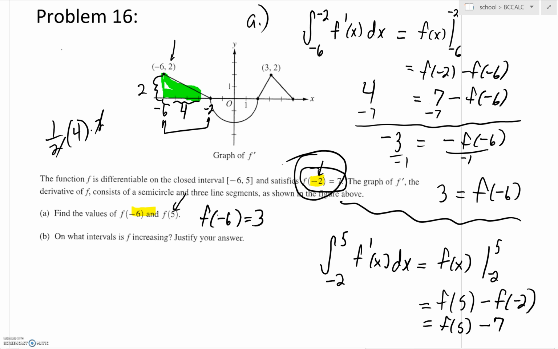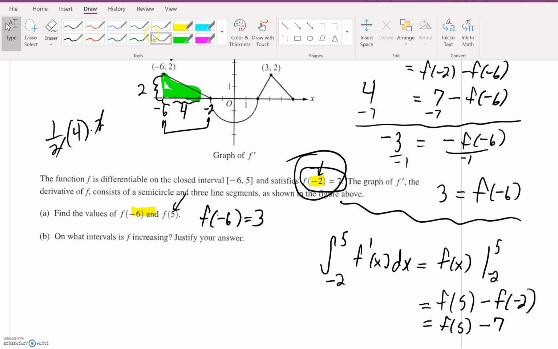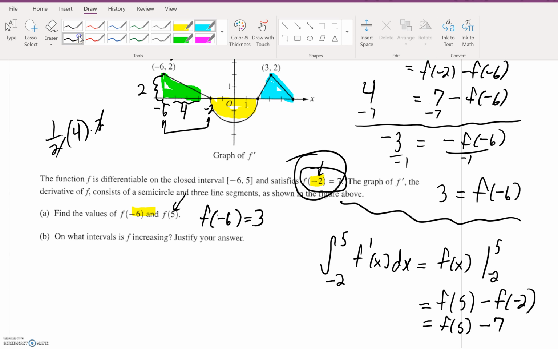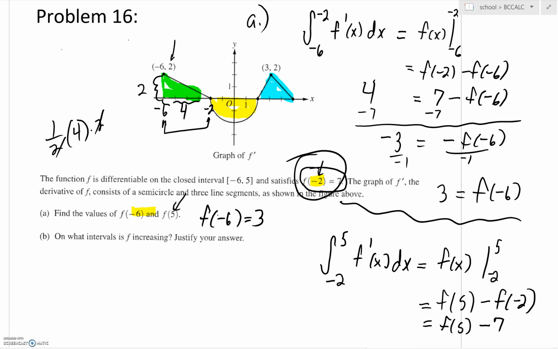So now what? Well, all we have to do is revisit and see if we can get our net area. Going from -2 all the way up to 2 is a semicircle. And then going from 2 to 5, I think you can see right here, is a triangle. So, with this semicircle, I'll even erase this portion just to have a little bit of space.